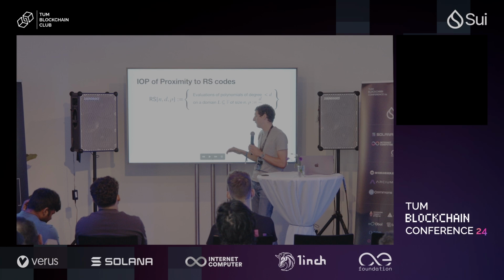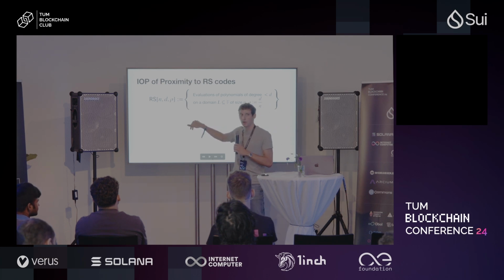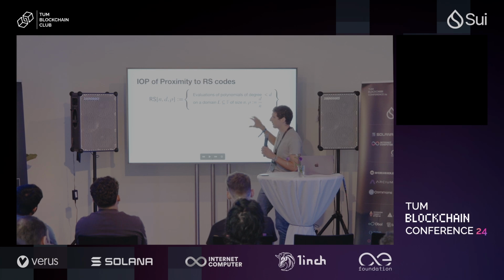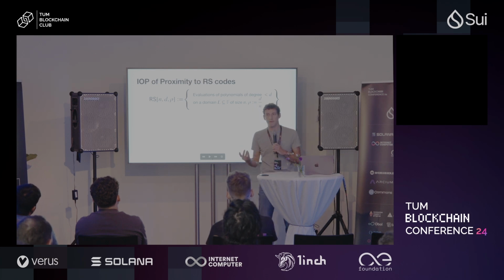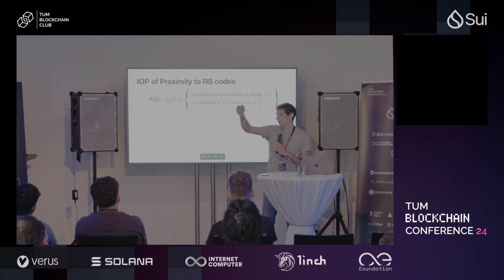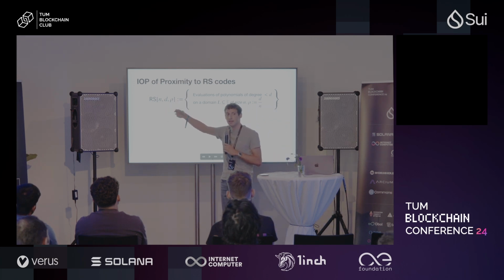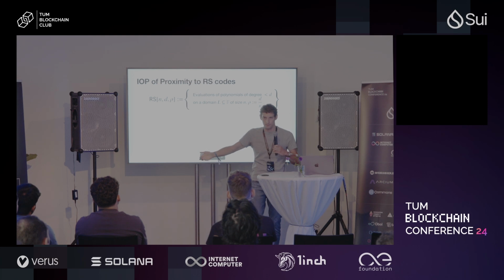So now I have something which is more than enough information to recover the polynomial, but a lot more. And the rate is the measure of how much redundancy you have. If the rate goes down, you have more redundancy. So if the rate is 1/16, that means that n is 16 times bigger than d. That means there's a lot more redundancy. And we will see how this redundancy gives you a trade-off on how easy the code is to test.